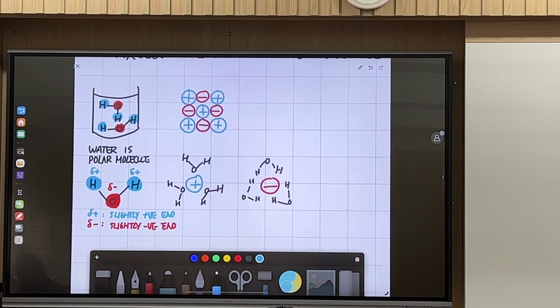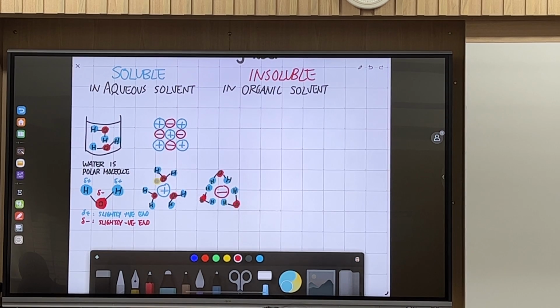This is because the hydrogen has a positive end and the oxygen has a negative end, or has a negative charge. Right, so these are very strong attraction. So the water molecules attract one another really strongly, so you see these are strong attraction. So strong attraction here. And the ions attract the water just as strong. So this is strong attraction.